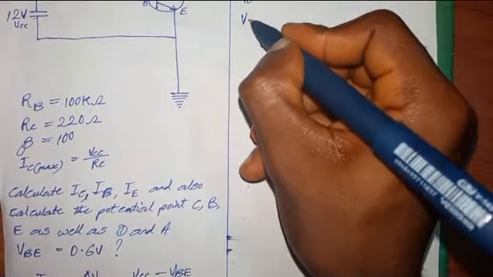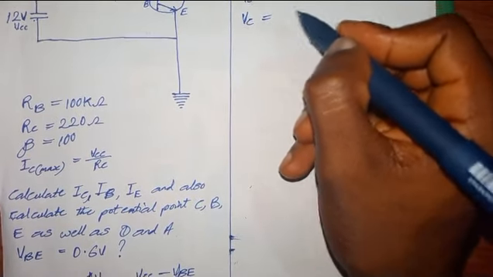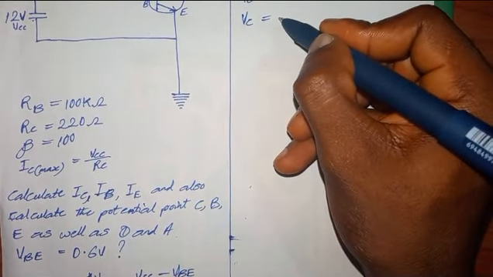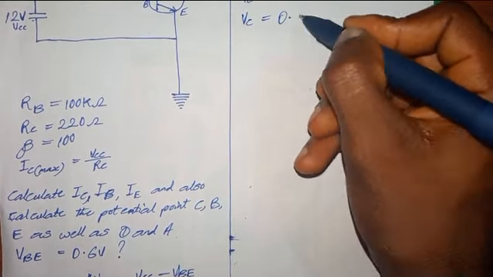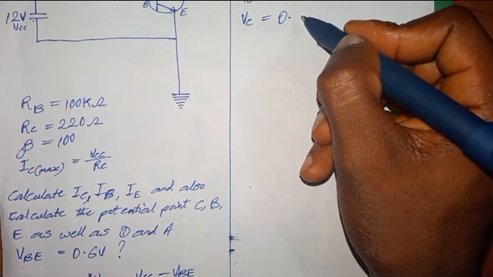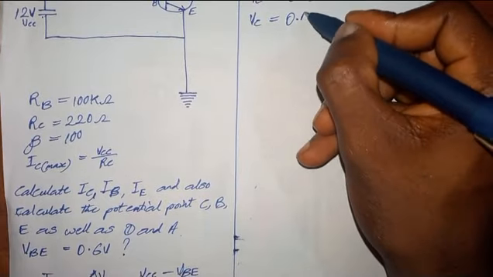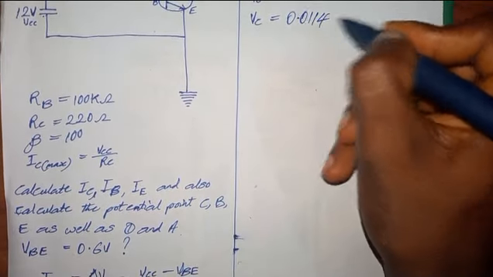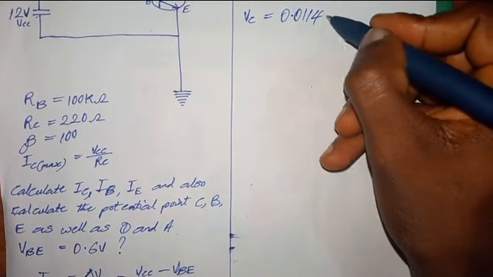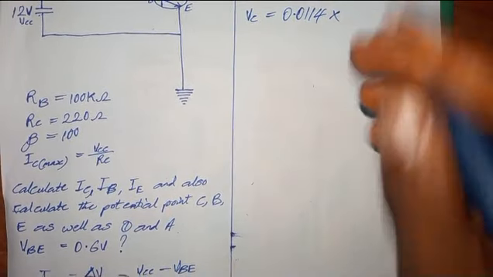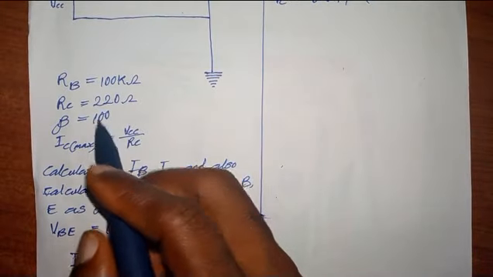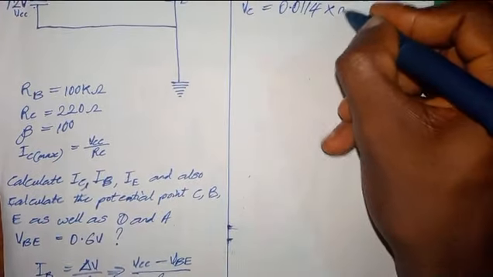So VC will be equal to 0.00114 multiplied by the resistance given, which was 220.